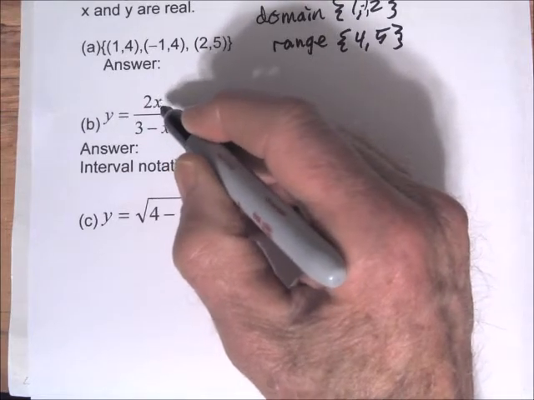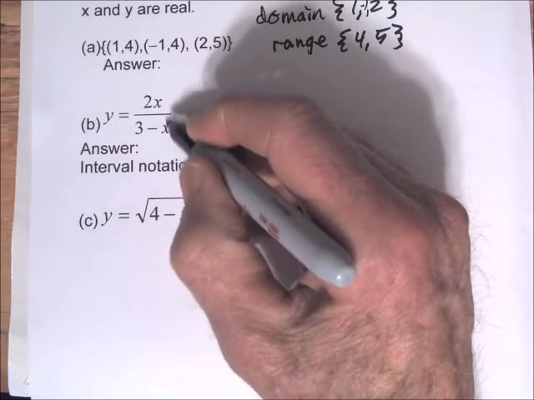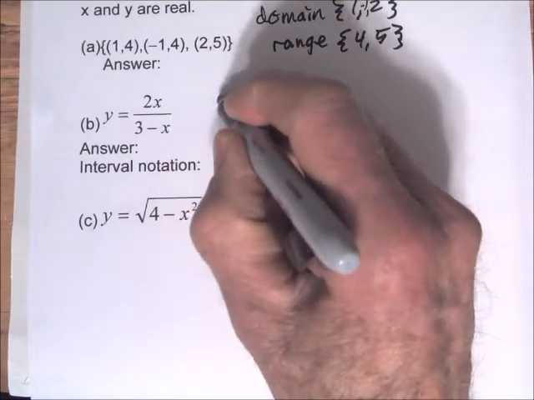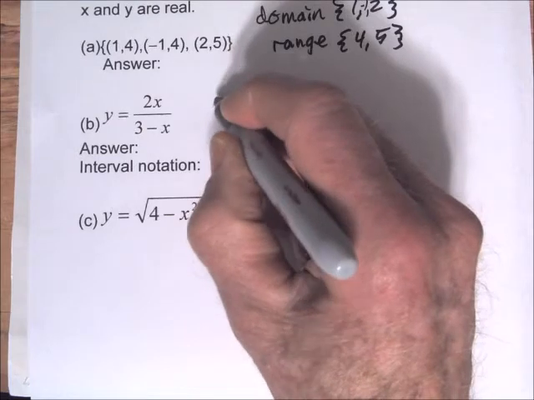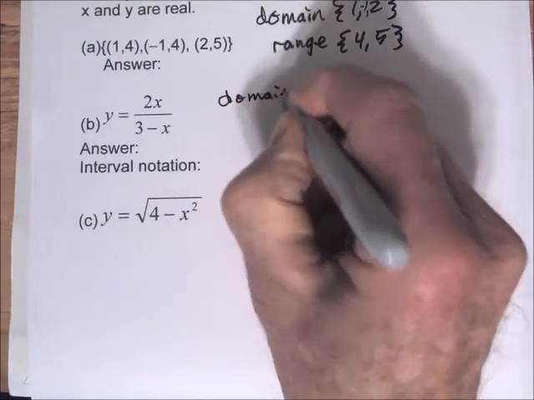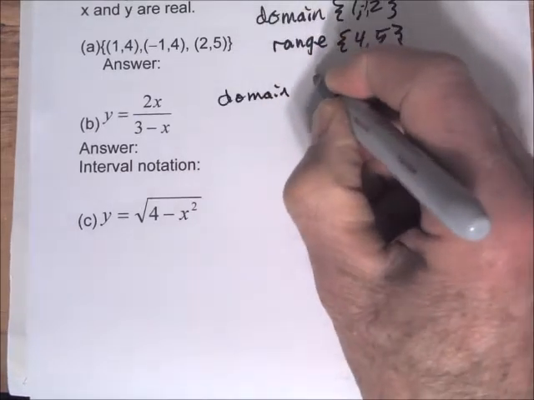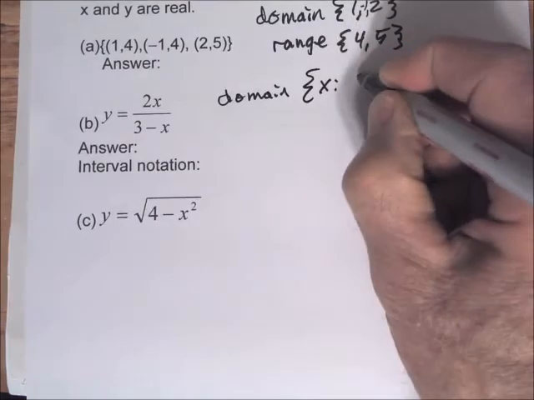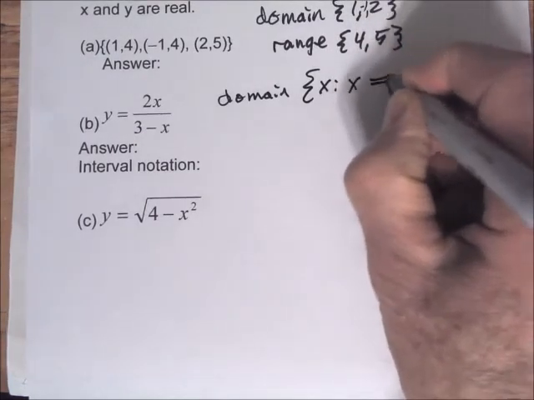You can divide by any real number except for 0 and get a real number, but you can't divide by 0. So the only restriction on the domain here is that x cannot be 3, because if x is 3, you're going to have denominator 0. So the domain is the set of real numbers x such that x is not equal to 3.